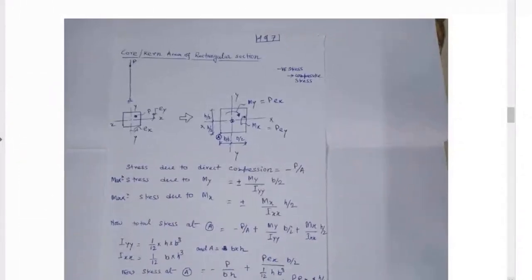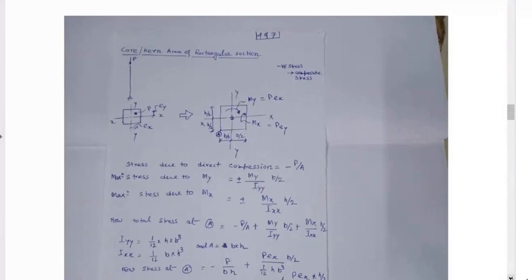Now next, if we consider biaxial stress, that is, eccentricity about both the x-axis and y-axis, then what will be the conditions, or what will be the values of Ex and Ey? Again, we consider the compressive force with eccentricity Ex along the x-axis, that is eccentricity about the y-axis is Ex, and eccentricity about the x-axis is Ey.